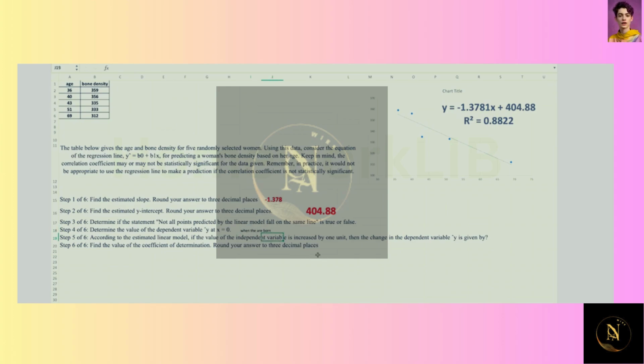According to the estimated linear model, if the value of the independent variable increases by 1 unit, then the change of the dependent variable y is given by, so for every increase of 1 year of age, your bone density decreases by 1.378.